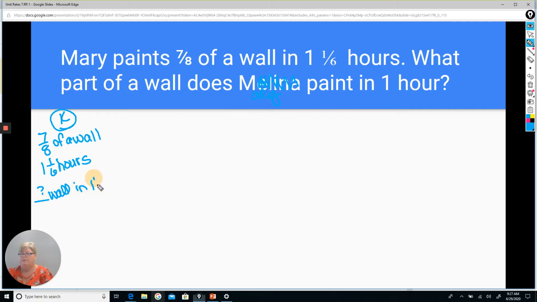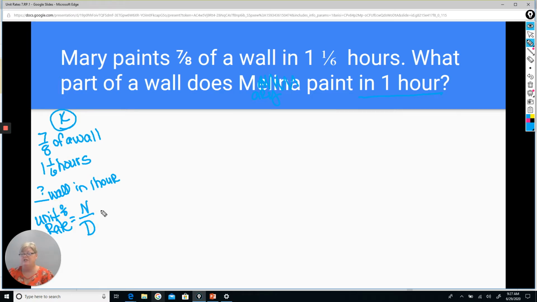in 1 hour? Well, I know this is a unit rate problem. And how do I know that? I know it's unit rate because it says in 1 hour. We want to find out, remember the denominator has to be 1, what 1 unit is. So you have a numerator divided by a denominator, because unit rate means to divide.